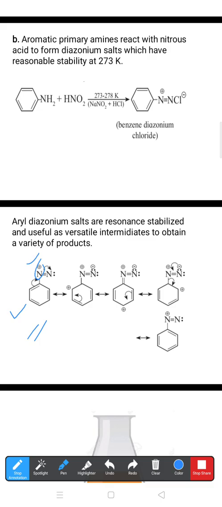Now in this diazonium salt, electrons are shifted from this pi bond toward the electron deficient nitrogen, and from this triple bond again electrons are shifted toward the last nitrogen, and that's why the structure becomes like this. In this structure, there is a double bond, and from this double bond pi electrons are shifted over here, and these electrons are shifted toward the final nitrogen.